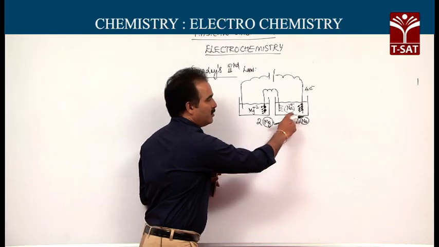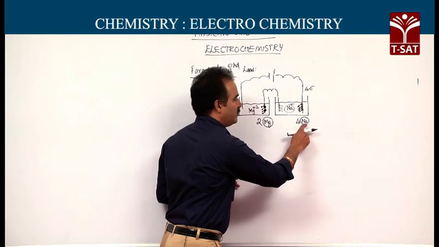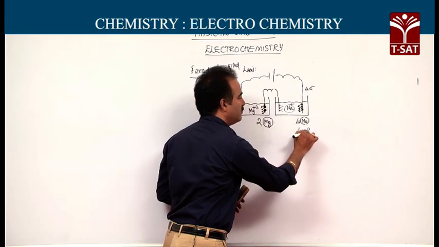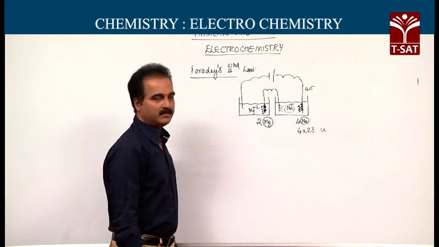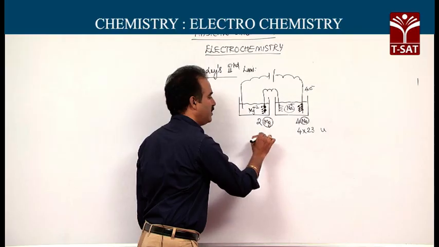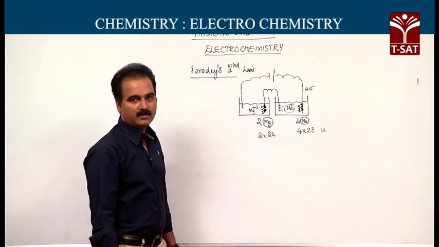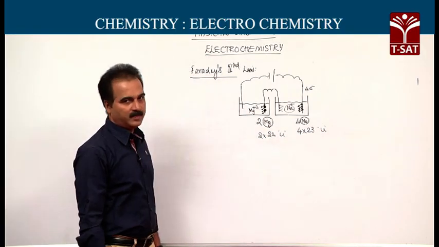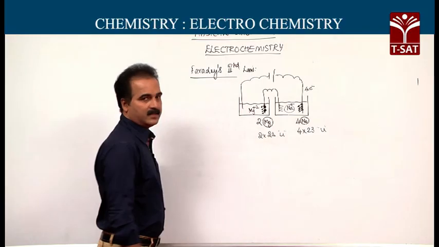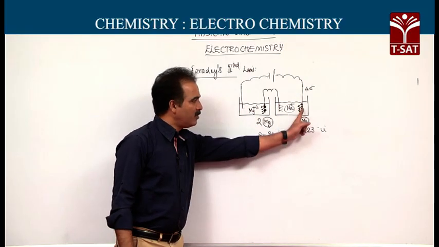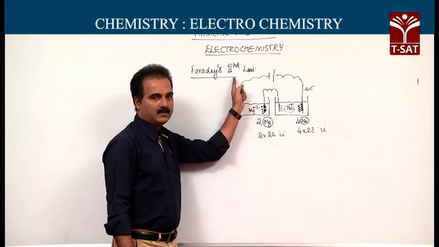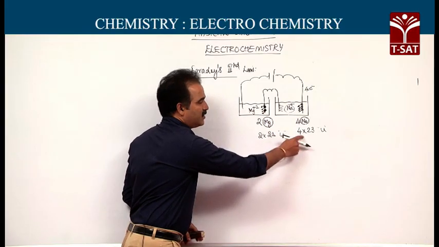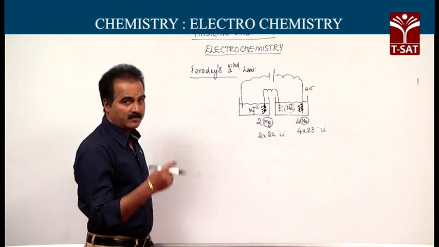Then coming to the quantity, 4 into 23 is the weight in AMUs deposited. Similarly, this is 2 into 24, since the magnesium atomic weight is 24. So, 2 into 24 atomic mass units is the quantity deposited. And what Faraday's second law states is, when you send the same quantity of current through different electrolytes, the quantities of the substances deposited will be in the ratio of their equivalent weights.